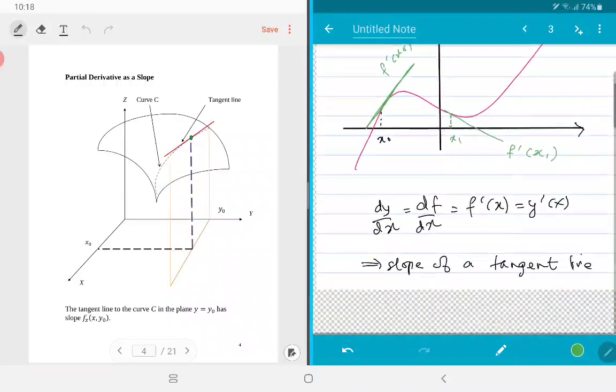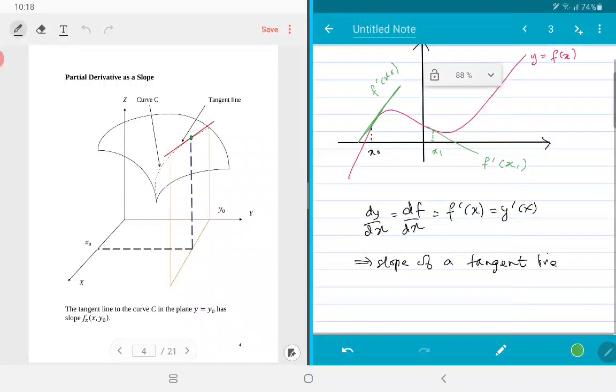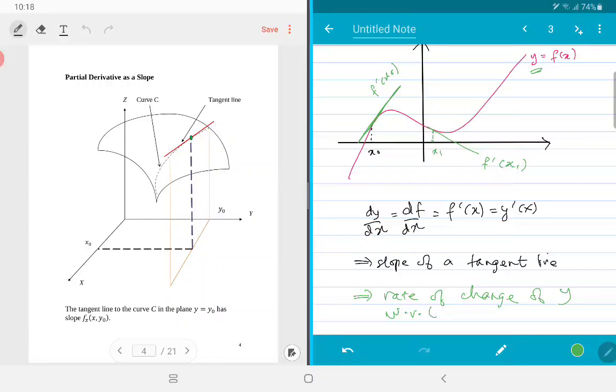So dy/dx or df/dx represents the slope of a tangent line, and apart from that, it can also represent the rate of change of y with respect to x. You want to know what happened to y if you change the value of x. Will it increase, decrease, or neither? So that is the interpretation of the ordinary derivative: it can represent the slope of a tangent line or the rate of change.